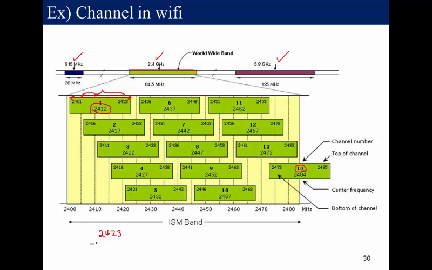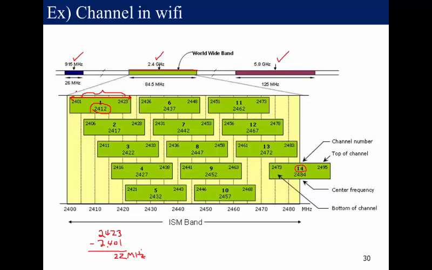2423 minus 2401, then 22 megahertz. Let's say 22 megahertz is the channel bandwidth.